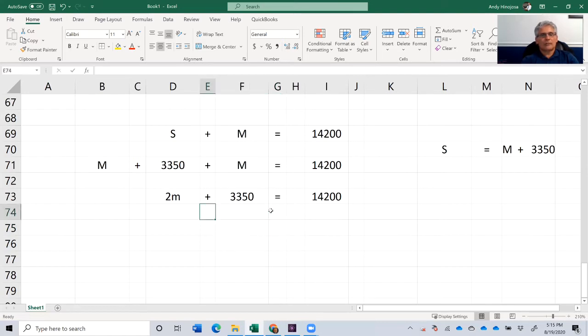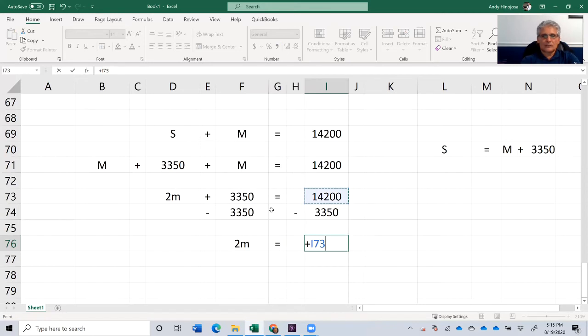All right, from here, I'm going to try to isolate the M. So I'm going to subtract 3,350 from both sides. And that's going to leave me with 2M on the left side. And on the right side, 14,200 minus 3,350 is equal to 10,850.